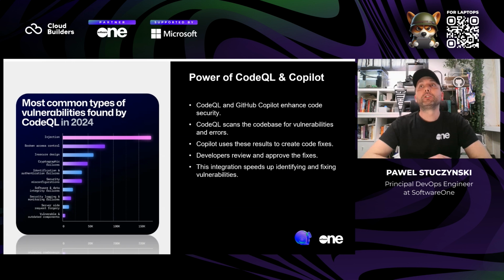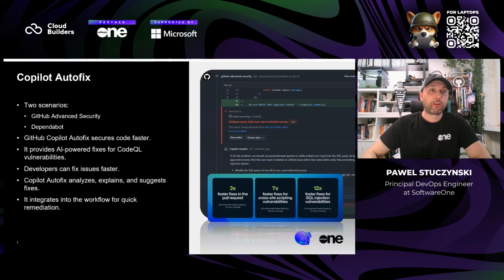So CodeQL scans the code base to find security issues and errors. The results can be used by Copilot to generate potential code fixes, which are presented to the developer for review and approval. This integration streamlines the process of fixing weaknesses in the code, making it faster and more efficient.